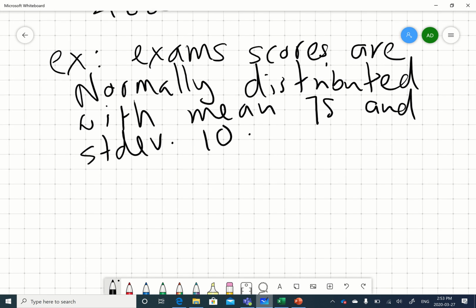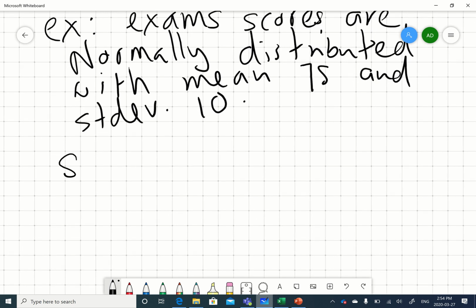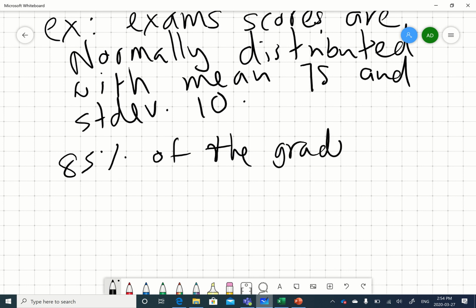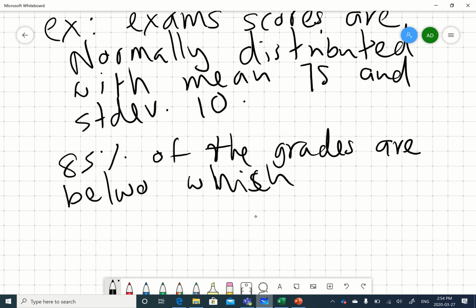I know the exam scores of all my students are normally distributed, and I'm interested in knowing, let's say, 85% of the students of my class are below which grade?